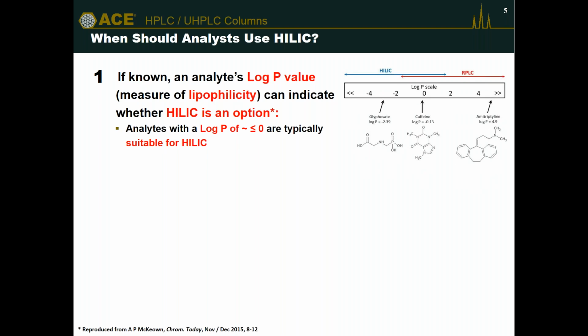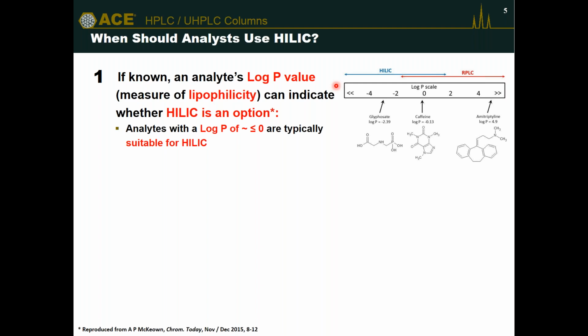So we can see from the cartoon that's on the screen now, I'll just activate my laser pointer here. We can see from the scale that I've put here, where we have a log P scale from around -5 to +5. In the center, we have a log P of 0. And I have 3 model or example analytes.